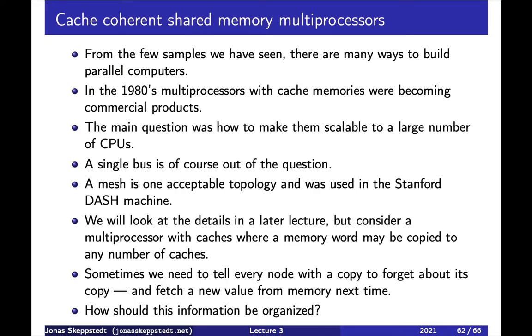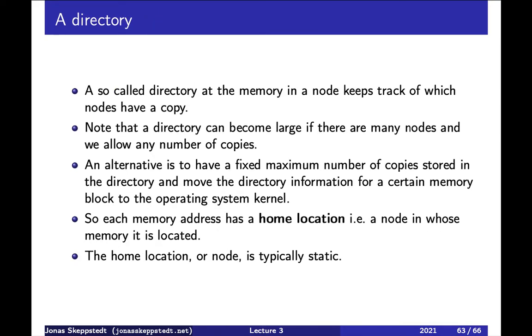But how can we know who has a copy of a cache block of some data? Well, it's called a directory. If we again consider the machine as a chessboard, then each square or node has, as I mentioned, part of the memory and a CPU.